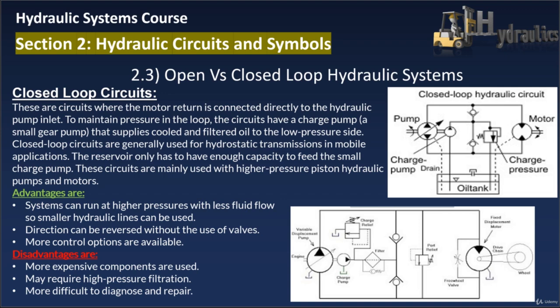The disadvantages of closed loop circuits are that more expensive components are used, and they sometimes require high pressure filtration, because the oil is not going to the tank; the oil is pumped between the pump and the actuator. It is also more difficult to diagnose any problem or repair it if it occurs.